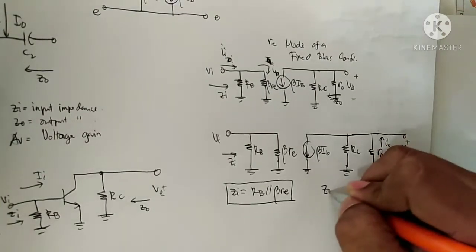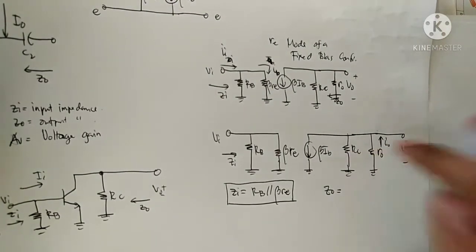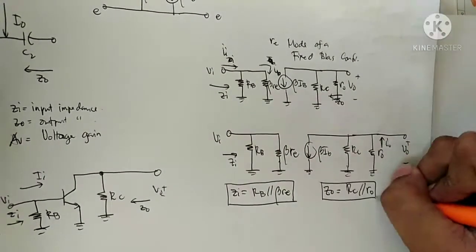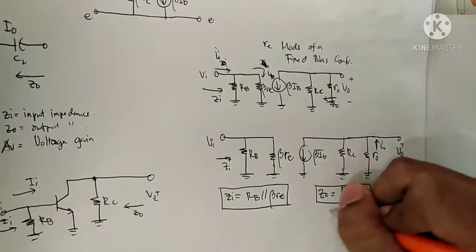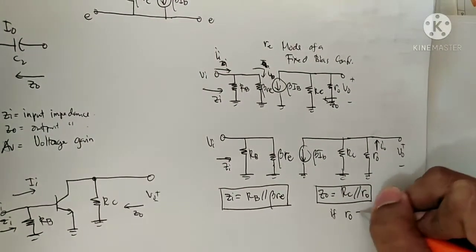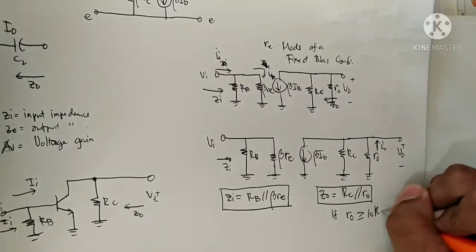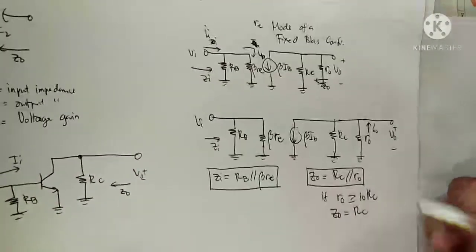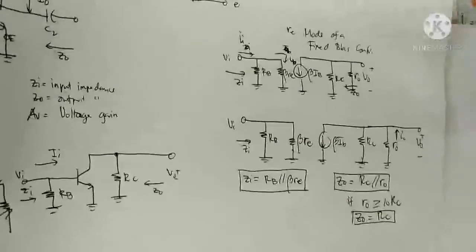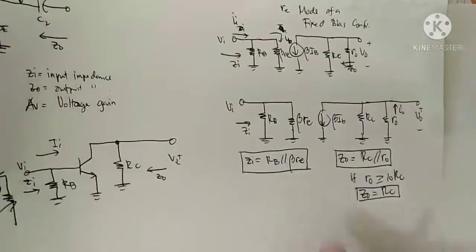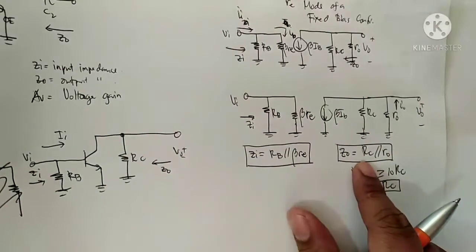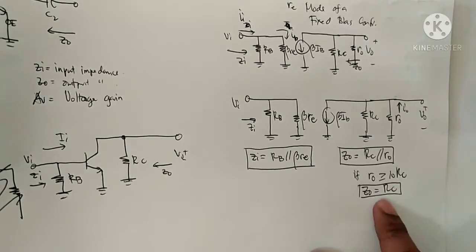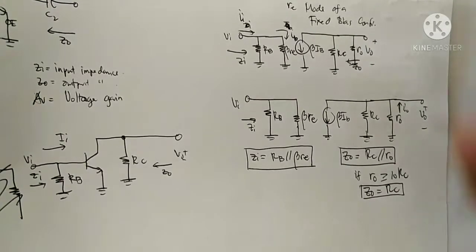Zo is RC parallel ro. Or if ro is greater than or equal to 10 times RC, it can be approximated as Zo equal to RC. So that is the formula for the output impedance: if ro is greater than 10 times RC, Zo is just equal to RC.